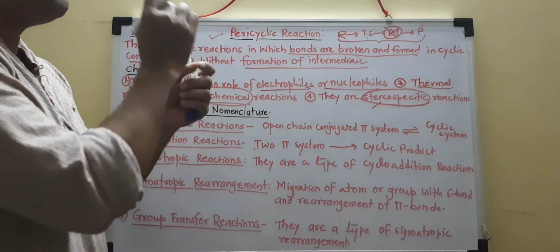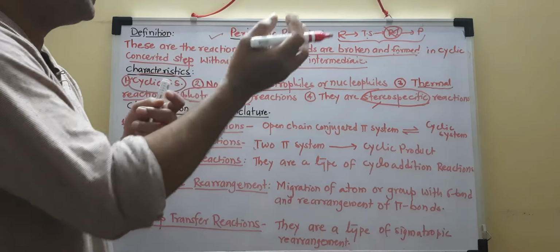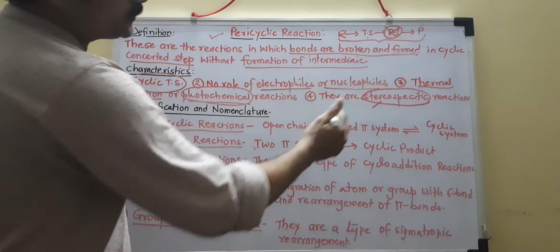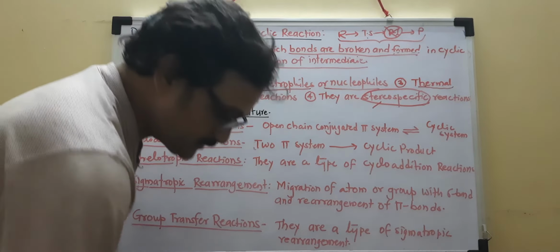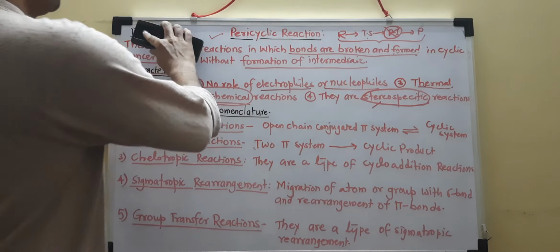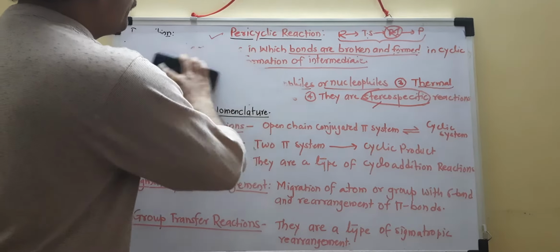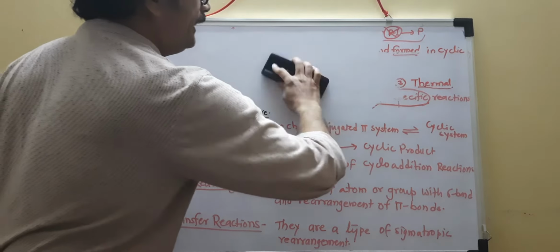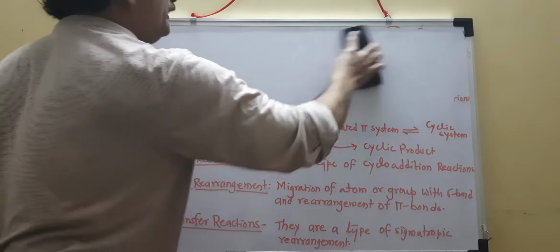The reaction has specificity in regard to stereoisomers, that's why it is called a stereospecific reaction. So you have to remember that term. Now I'll remove this part, and then we'll discuss classification and nomenclature of pericyclic reactions.